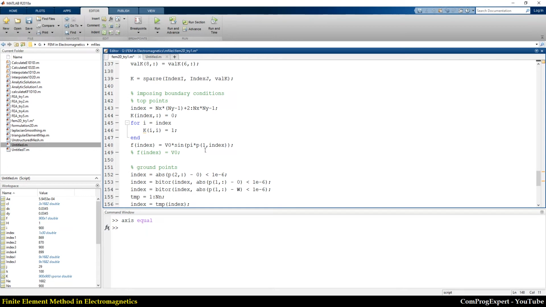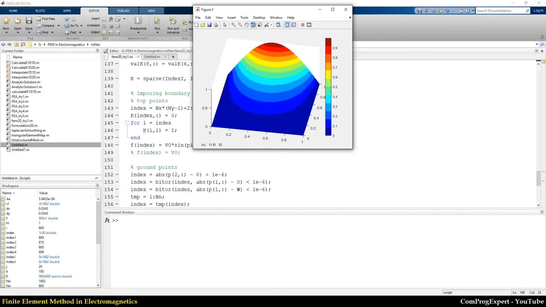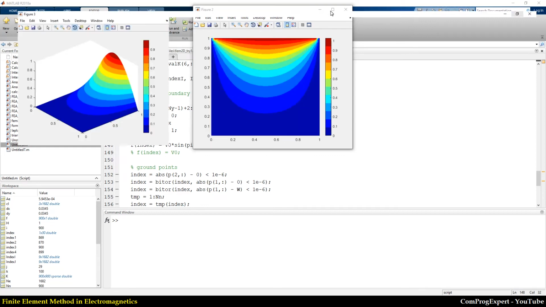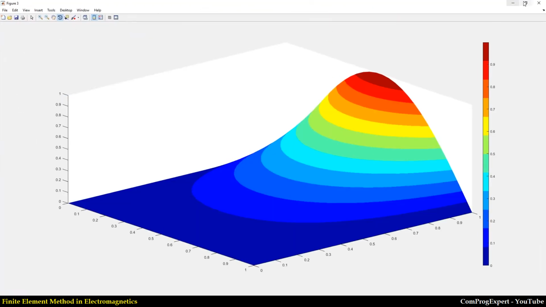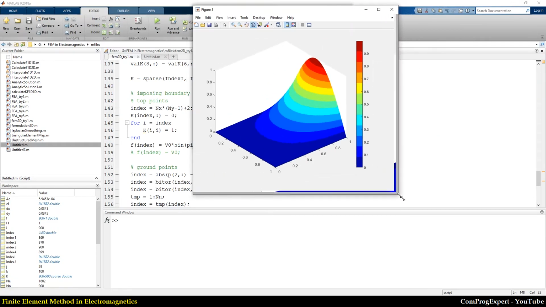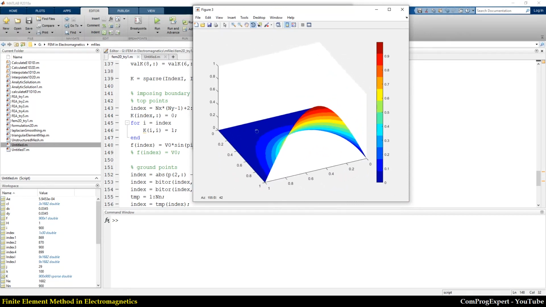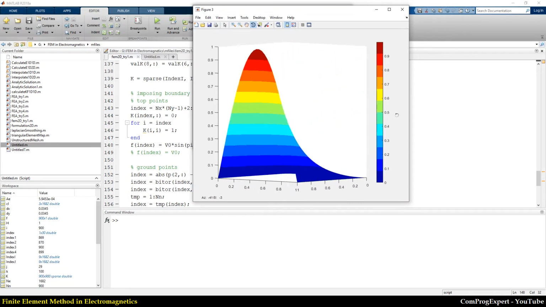I can apply something like this: V naught times sine of pi times x coordinate of these boundary points, right? The x coordinate. So if I run this code, this is the finite element solution, right? And this time I have a continuous Dirichlet boundary condition, right?